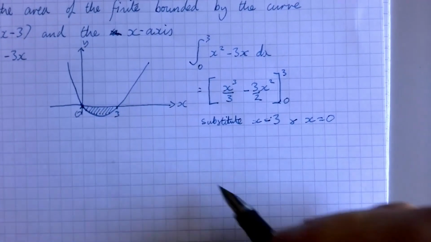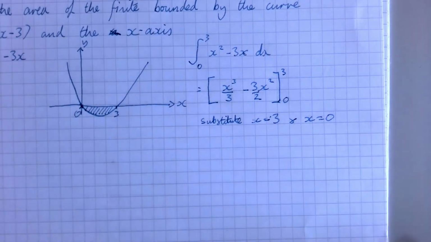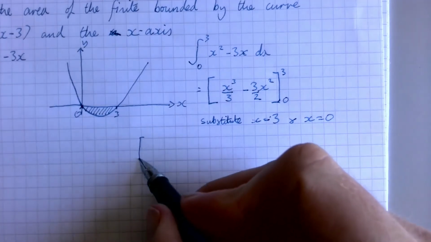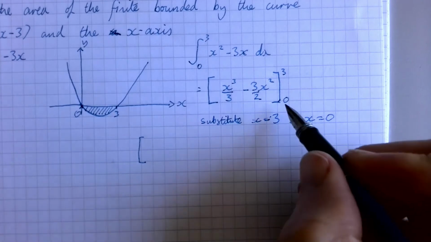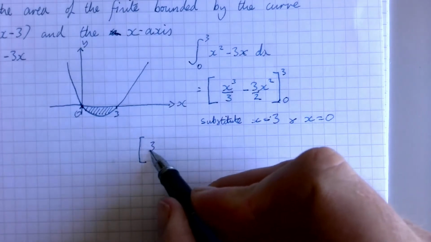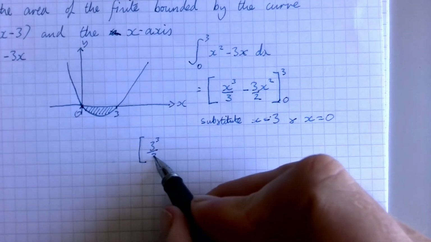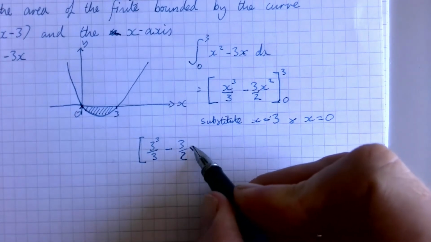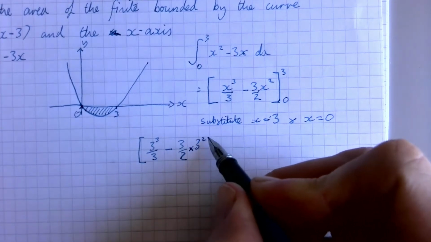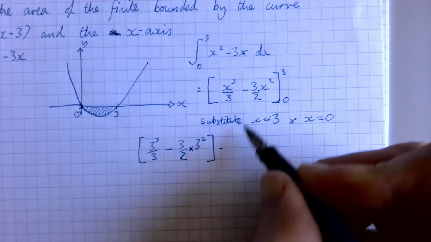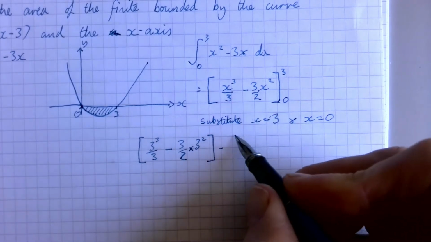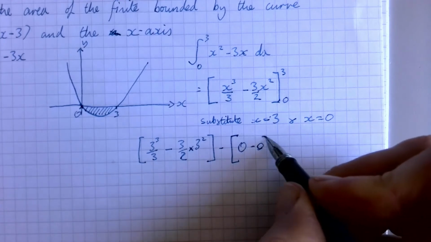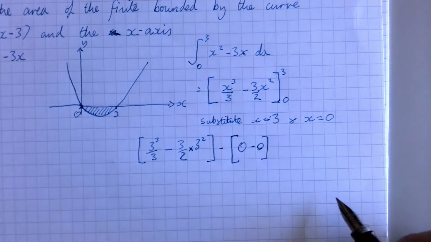To do that, you may want to pause it and have a quick go and see if you get it before I do. That's going to give us 3 cubed over 3 minus 3 over 2 times 3 squared. And then if all of those are 0, that's going to give us 0 minus 0, which is 0, isn't it?